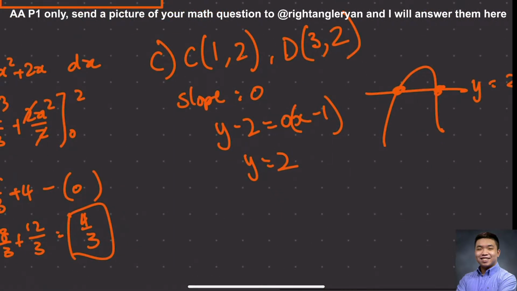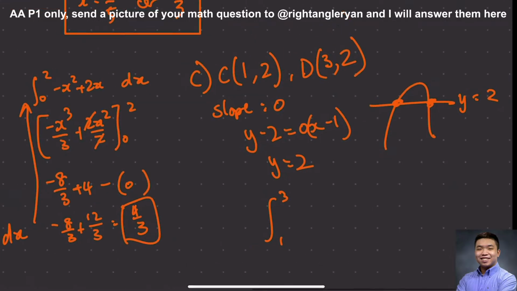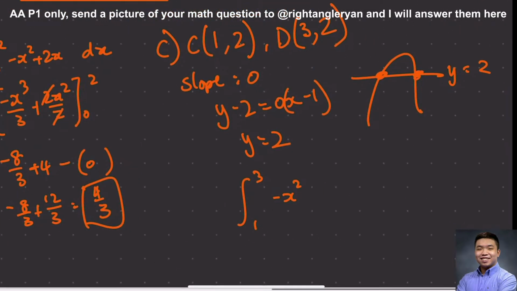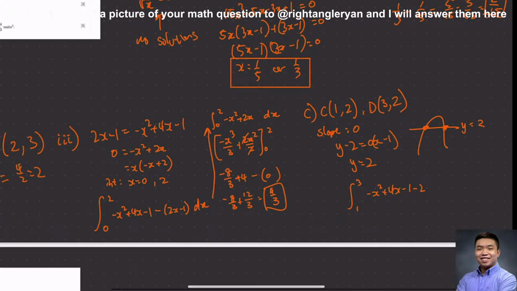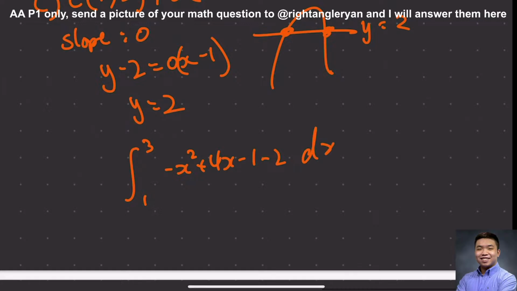So therefore, I would have the integral from 1 to 3 of negative x squared plus 4x minus 1 minus 2 dx. Integrating this, we have negative x cubed over 3 plus 4x squared over 2 minus 3x, from 1 to 3.